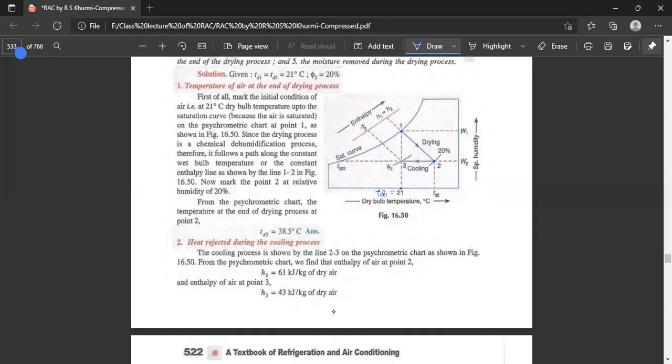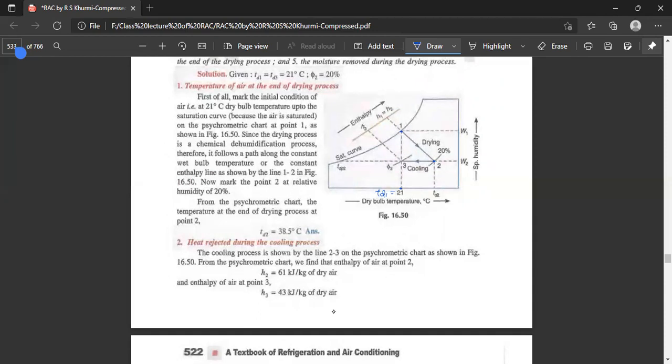If we drop a vertical, it gives the dry bulb temperature at the end of drying, which is equal to 38.5 degrees centigrade from the psychrometric chart.